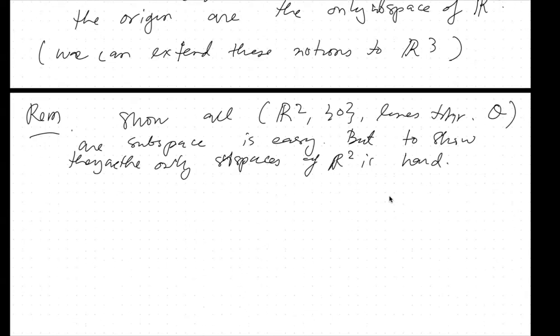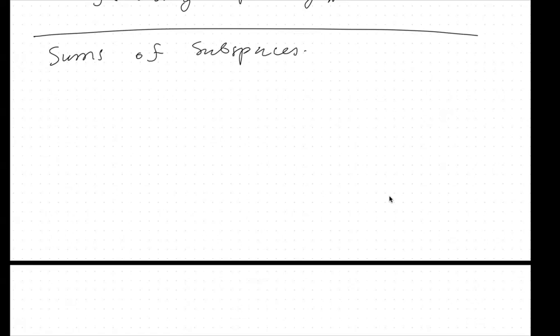Okay. Now we go to the next concept, sums of subspaces. Of course, there are other subspaces like the intersection. I will leave that as an exercise. The union is not necessarily a subspace, but there are extra conditions so that the union will become a subspace. We will leave that to your homework.